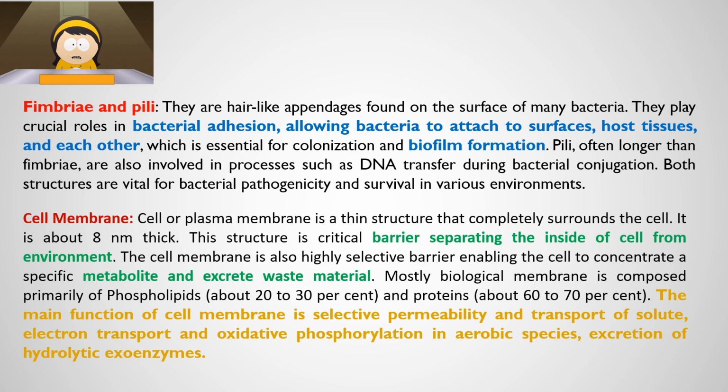Mostly biological membrane is composed primarily of phospholipids, about 20 to 30%, and proteins, about 60 to 70%. The main functions of cell membrane are selective permeability and transport of solute, electron transport and oxidative phosphorylation in aerobic species, excretion of hydrolytic exoenzymes.